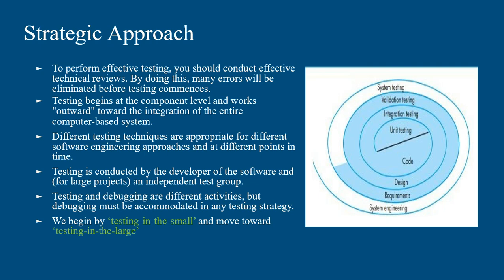At the level of the design, we have the integration of the various programs or sub-modules under the design. That time we do the testing called integration testing. Then the third part is the requirements. After finishing the integration testing under the design part, the programming will be free of bugs. Then we apply validation testing.